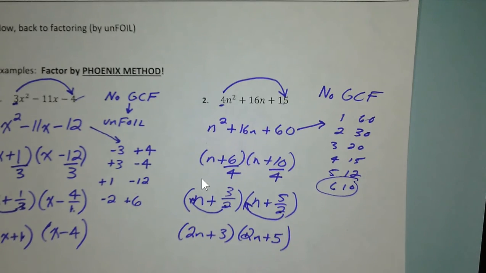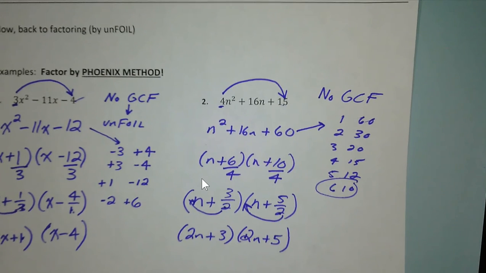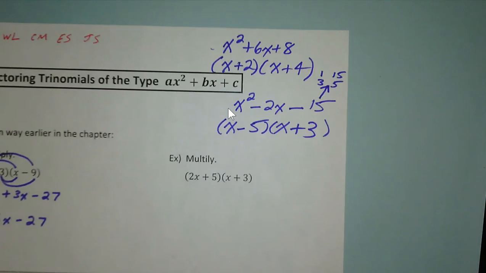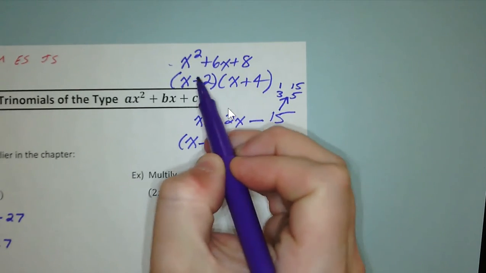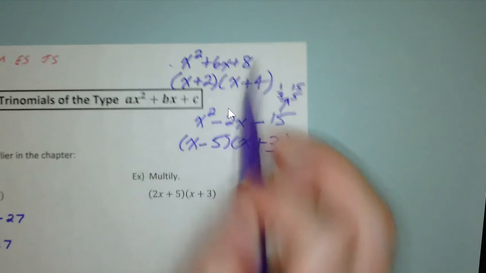All right, so that's how the Phoenix method works. It saves you the trouble of trying to guess and check your way. It's really easy to do ones like this, guessing and checking what two bubbles would do that.